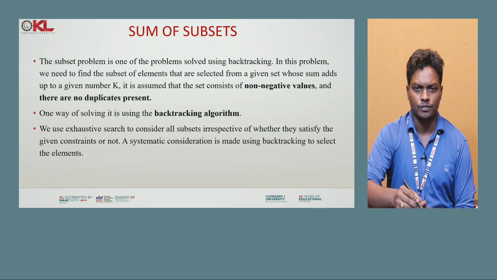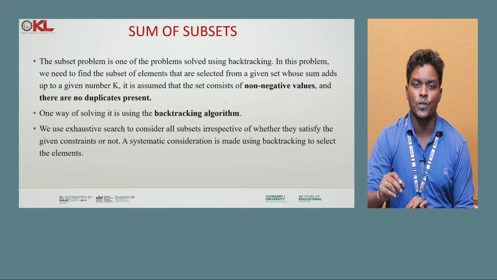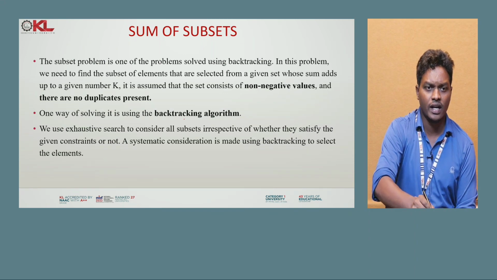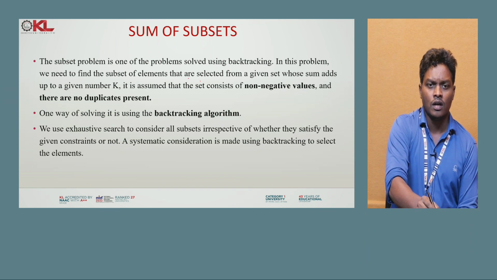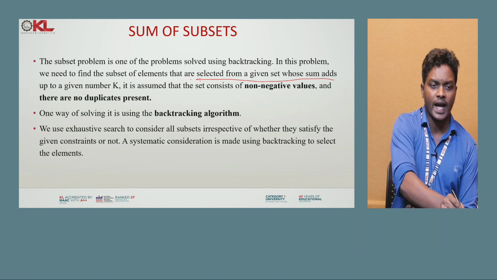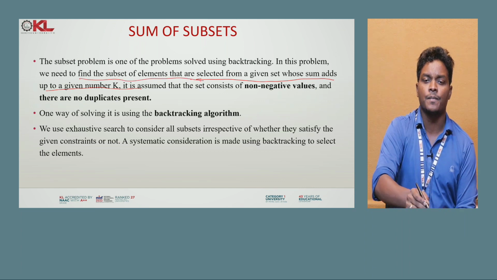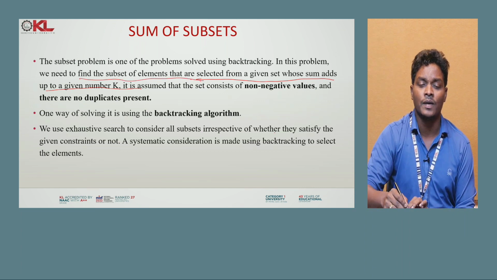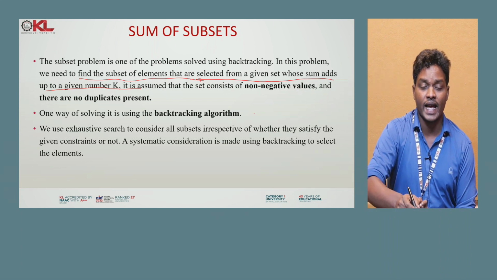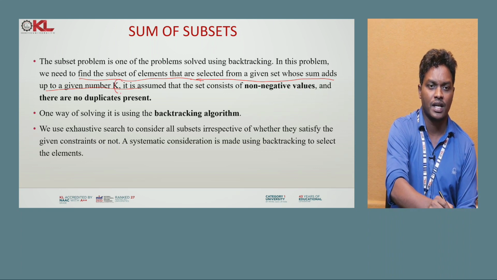Sum of subsets is another topic where we have to check a subset selected from a given set whose sum adds to the given number. So we have to find a subset of elements such that the subset of elements adds to the number k.